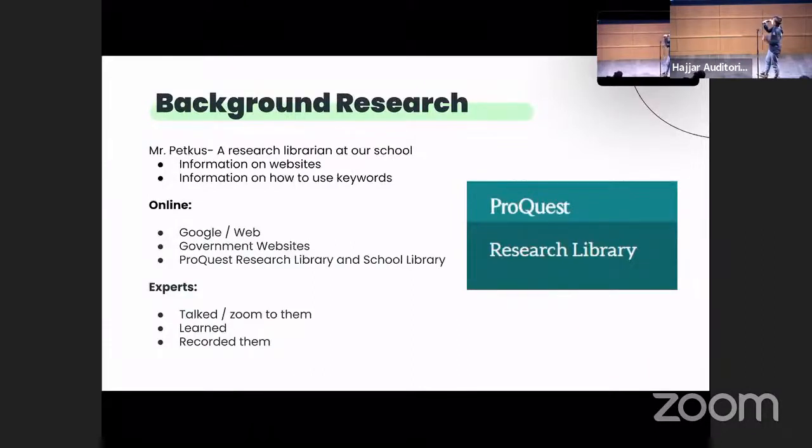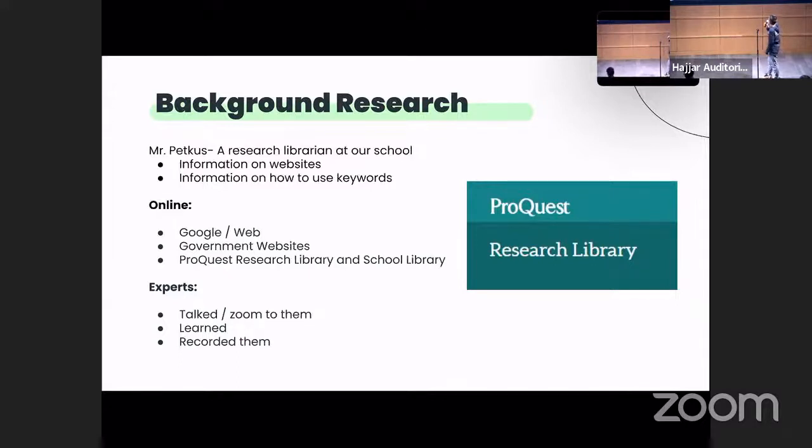So for some background research, we talked to Mr. Pekis, and we learned about information on websites and how to use keywords to further advance our research. We did this online, on the web, government websites, and our school has a private research library called ProQuest.